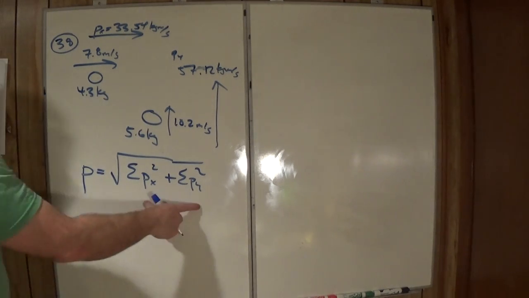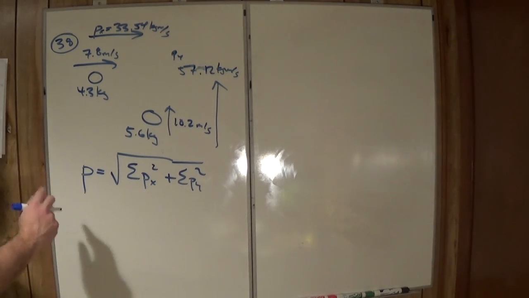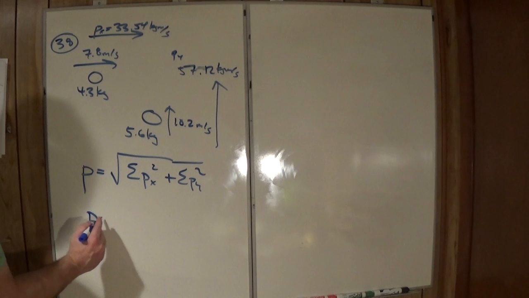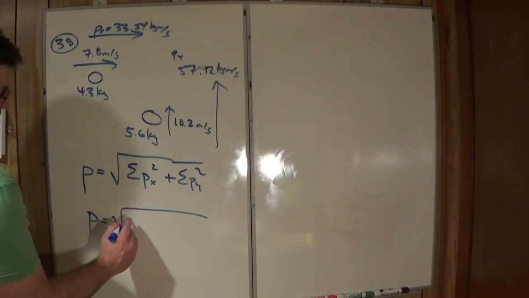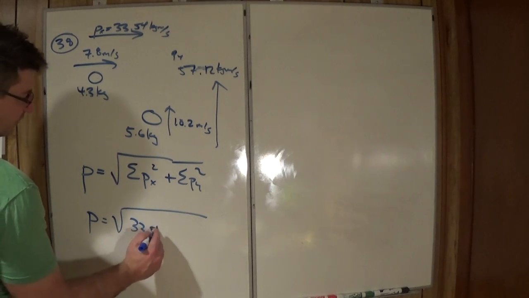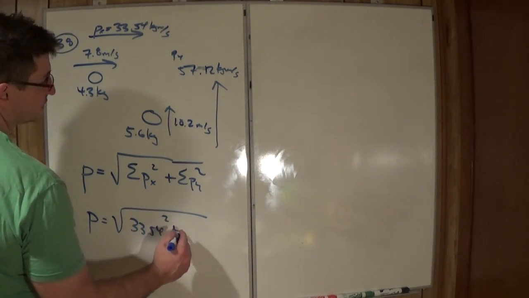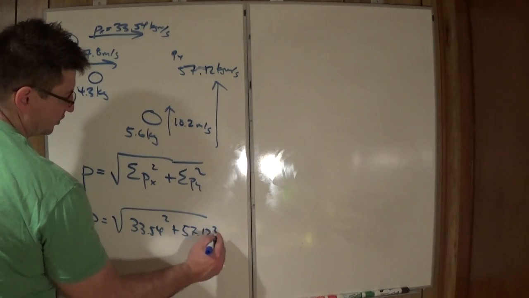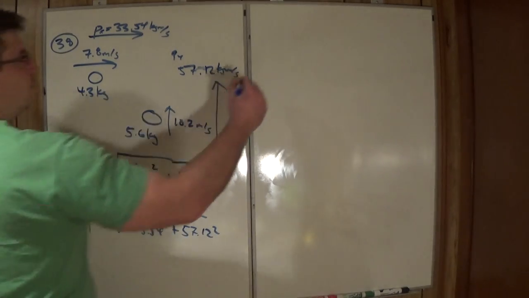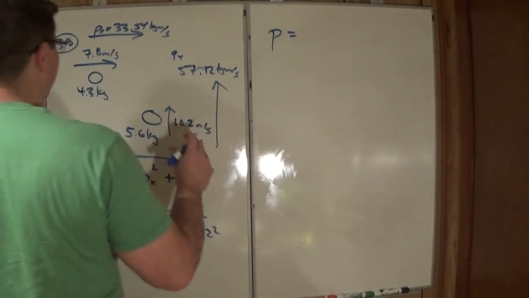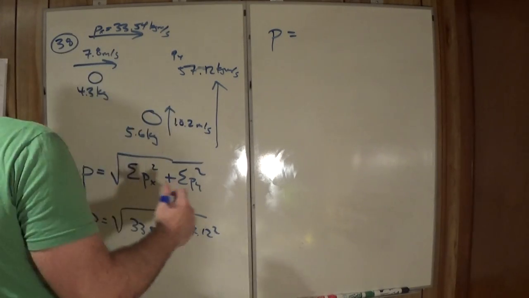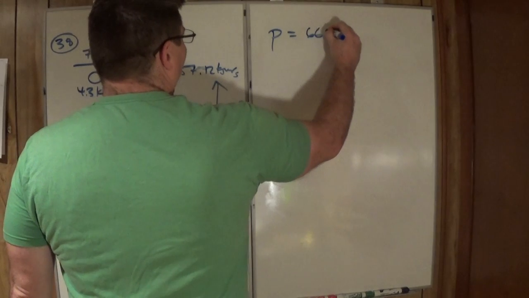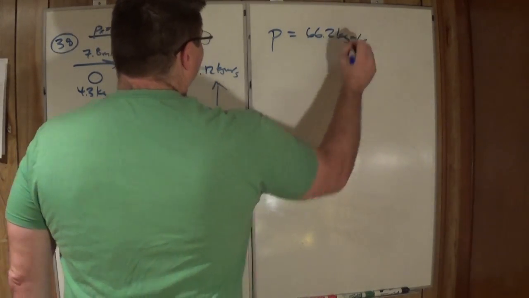So we can compose those and get a resultant momentum. So the square root of 33.54 squared plus 57.12 squared. So our resultant momentum for the system, for the two eagles, if they lock together and make a two-eagle system, is 66.2 kilogram meters per second.